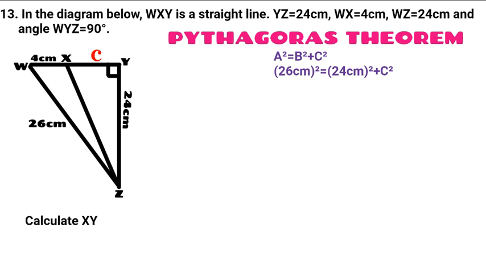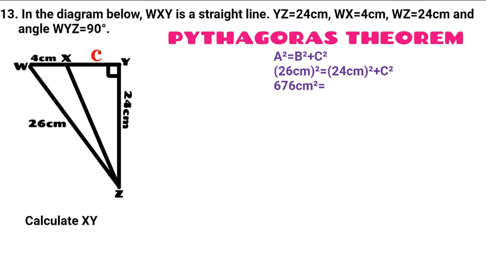Once I've done that, the next thing is to find the square of 26 and 24. When we multiply 26 by 26, what number do we get? We get 676 centimeters squared.